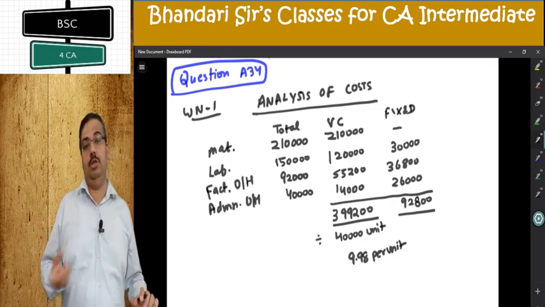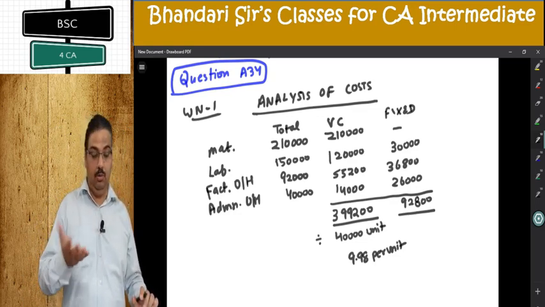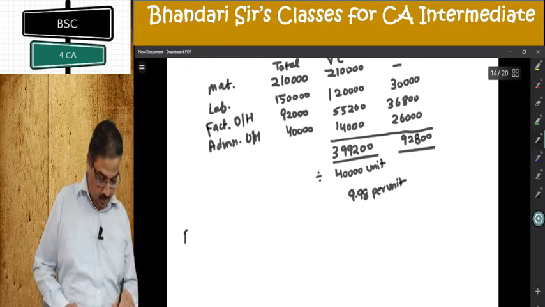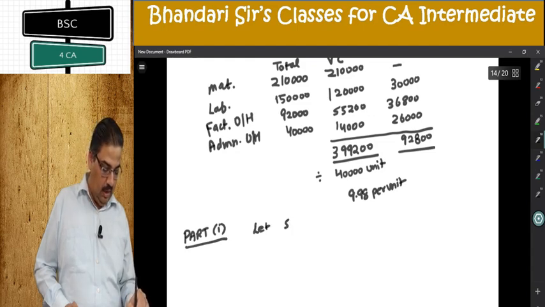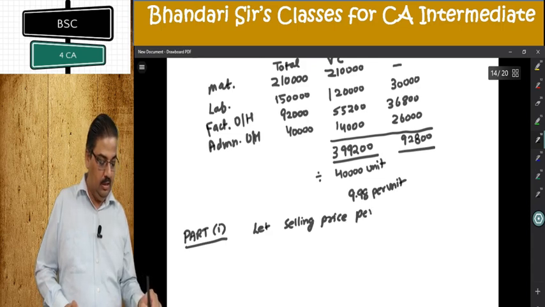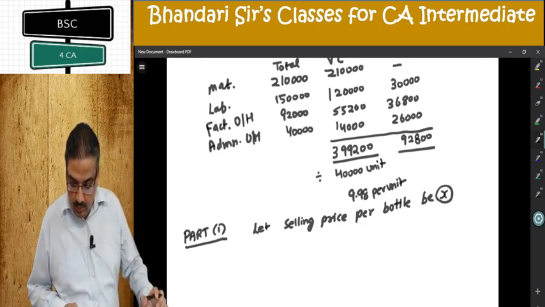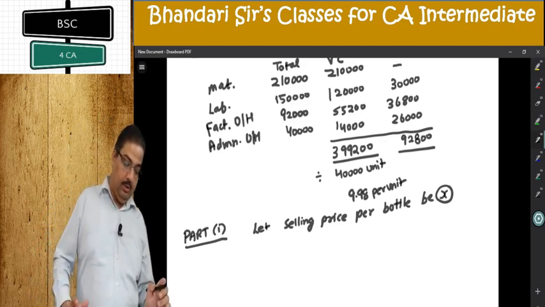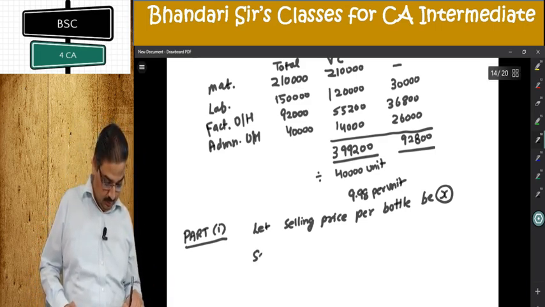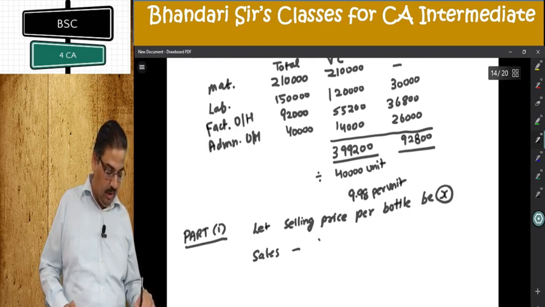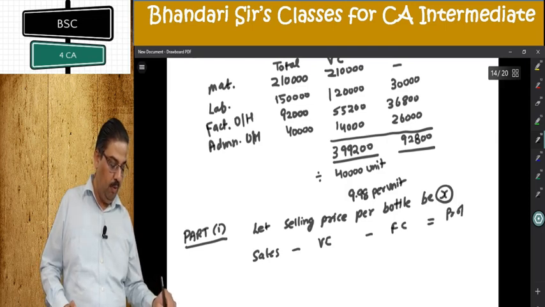Now first part of the question, I am going to assume selling price to be X and solve for basic equation, sale minus variable cost minus fixed cost equal profit. Part 1. Let selling price per bottle be X. Now they are going to sell 40,000 units. Sales minus variable cost minus fixed cost is equal to profit.